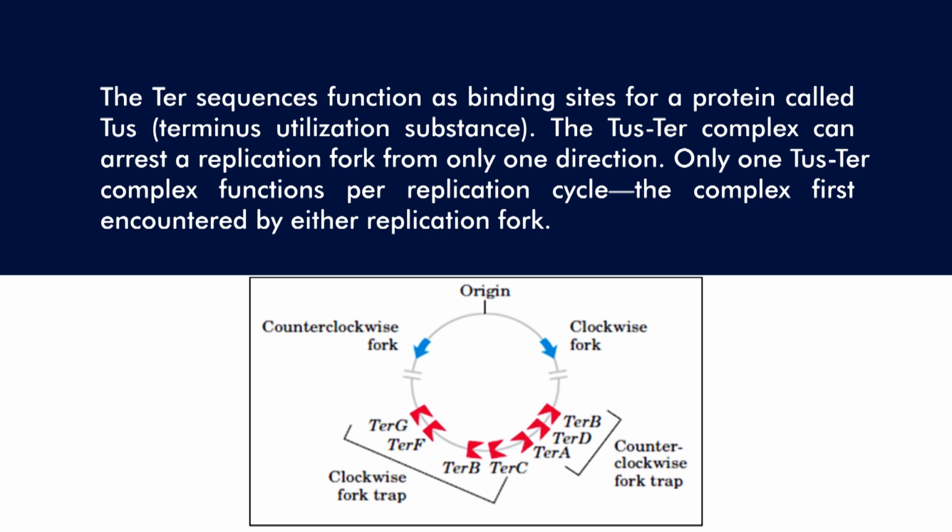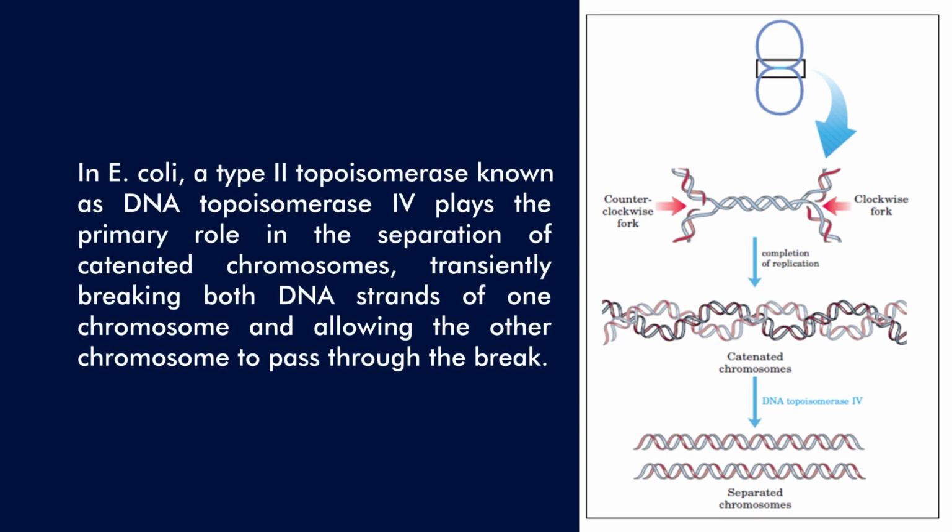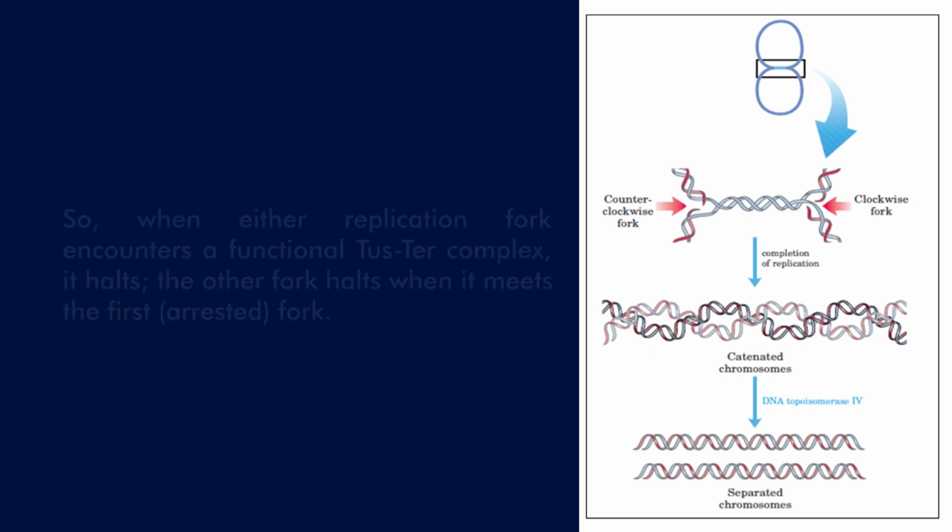The complex is first encountered by either replication fork, and the chromosomes cannot be separated except by the action of topoisomerase. In E. coli, a type II topoisomerase known as DNA topoisomerase 4 plays the primary role in the separation of catenated chromosomes, transiently breaking both DNA strands of one chromosome and allowing the other chromosome to pass through the break.